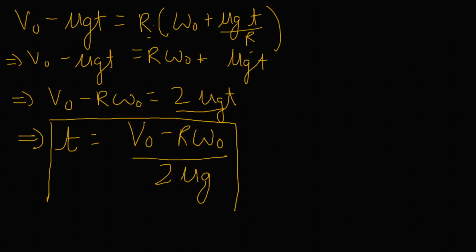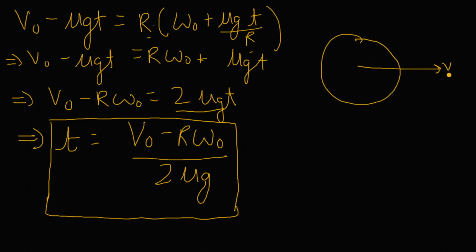And once it achieves pure rolling, the velocity of the center of mass is some v and the angular velocity is some omega, and in pure rolling v is equal to r omega, right?